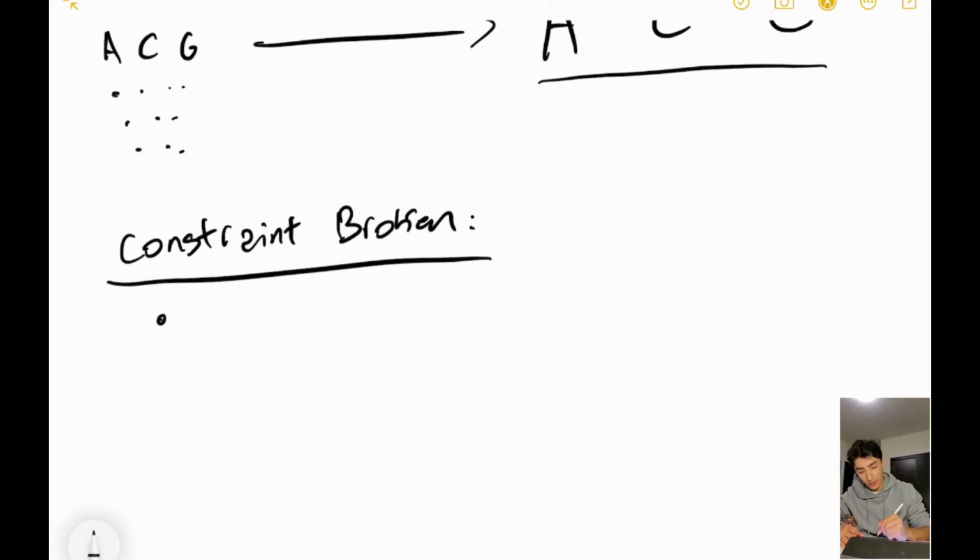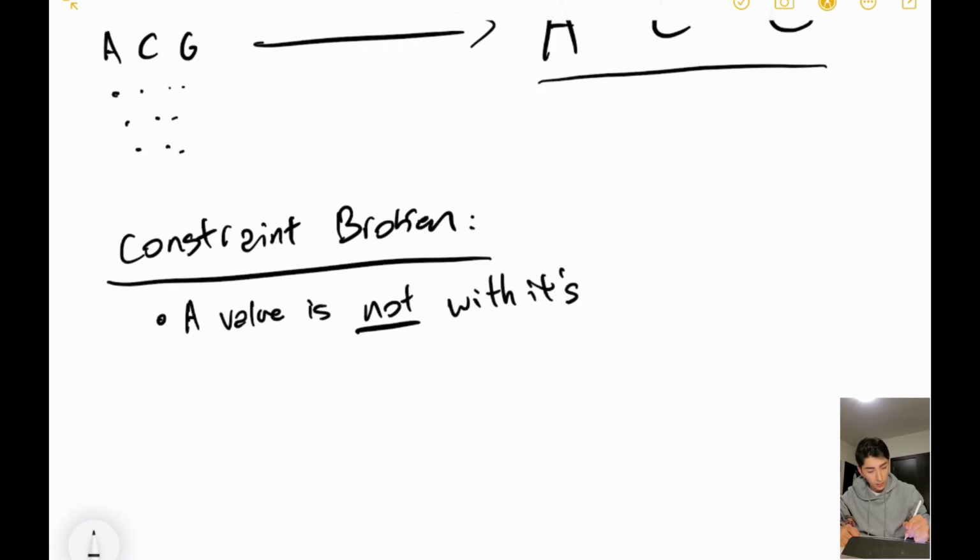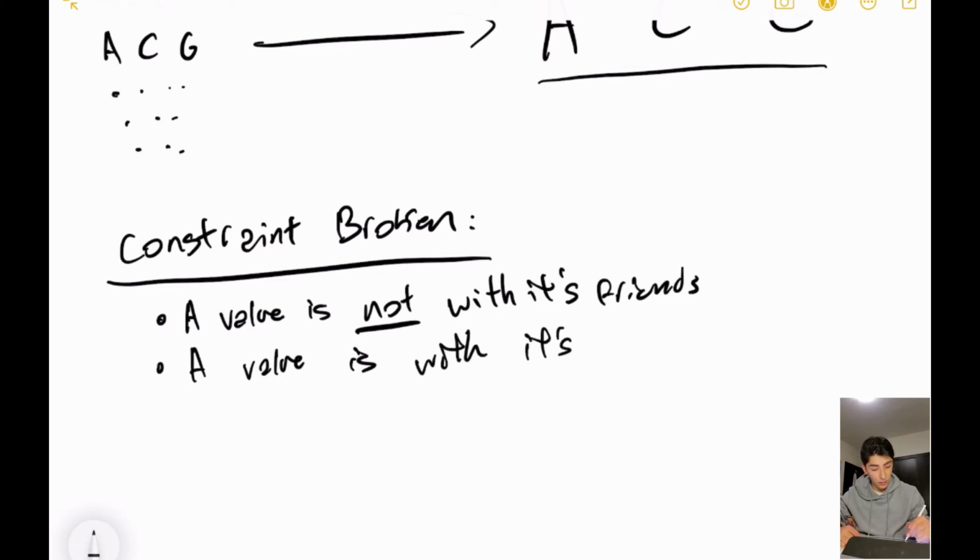The first thing is where a value is not with its friends, and the second and only other way a constraint can be broken is where a value is with its enemies. That's all. There's only two ways that we can break a constraint.